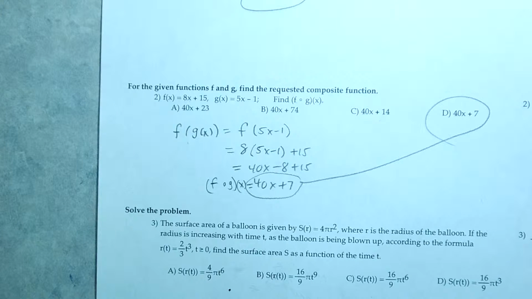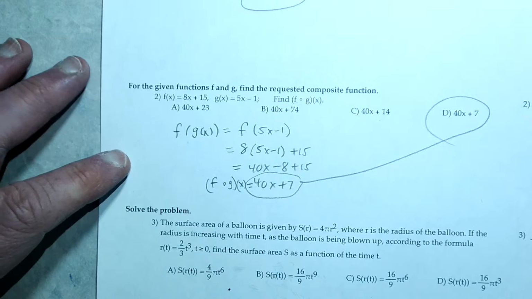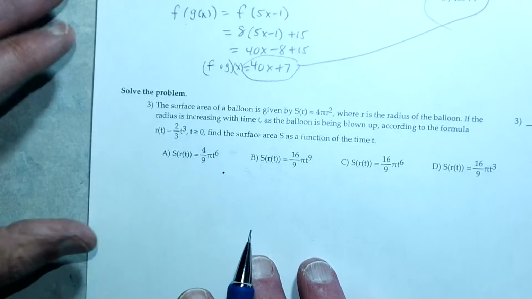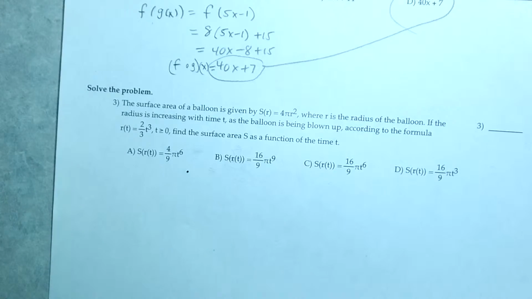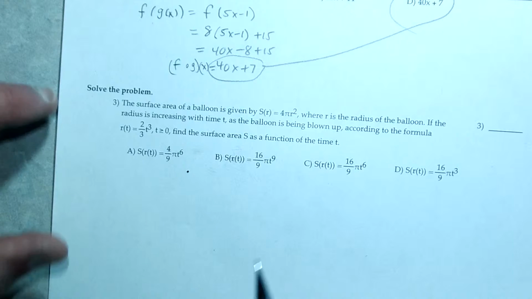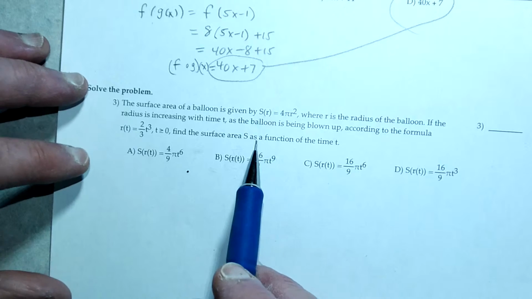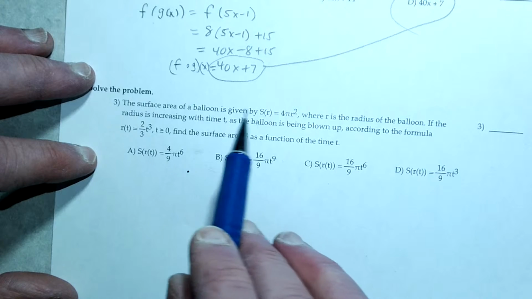Okay. Now, finally, let's take a look at a function where I'm going to do a composite function, but on some kind of an application. So what I've got here is a situation where I'm going to first look at the function which has to do with the surface area of a balloon.